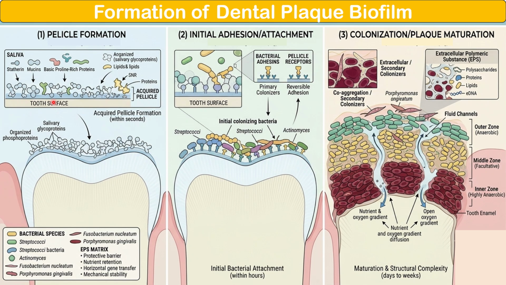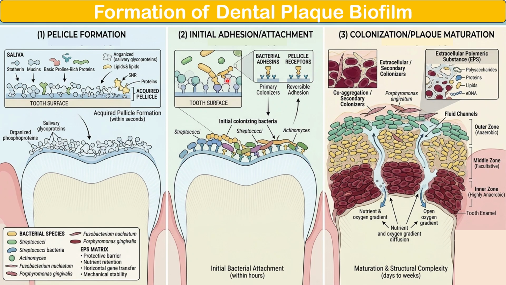These molecules bind tightly to the hydroxyapatite crystals of the enamel and form a very thin acellular protein-rich layer, which is called the acquired pellicle. At this stage the pellicle contains no bacteria. It acts as a protective conditioning film, and its main function is to prepare the tooth surface for the next stage where the bacteria begin to attach.